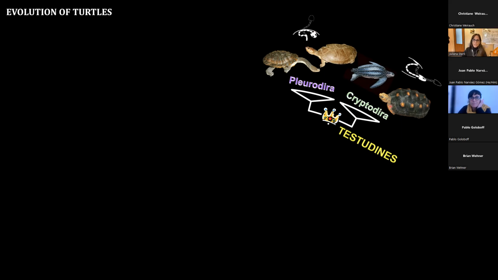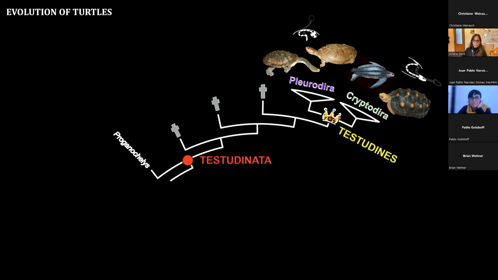And then we have the other clade, the cryptodires, that are those turtles that retract their neck in a vertical plane inside the shell.